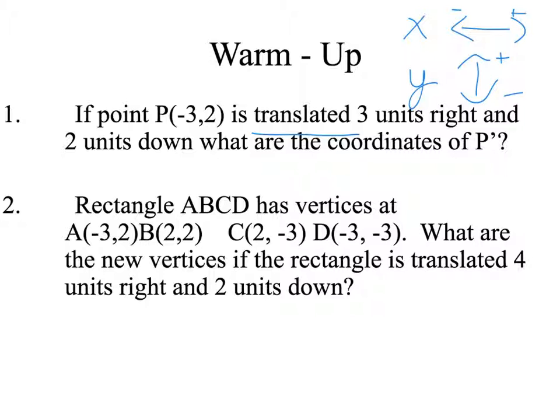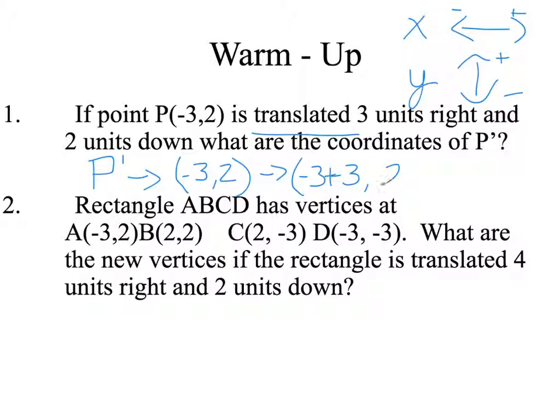So now that you've had a chance to try them, I'm going to start with the first one, and we're looking at p prime. Remember that p prime is your new figure. So we started at -3, 2. We are translating it 3 units right. So that means my x-coordinate is going to have a positive 3 added to it because I'm going to the right.